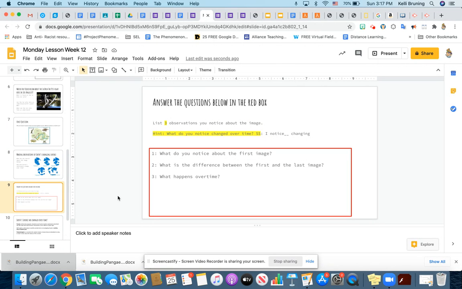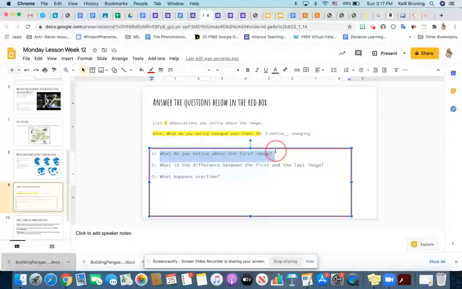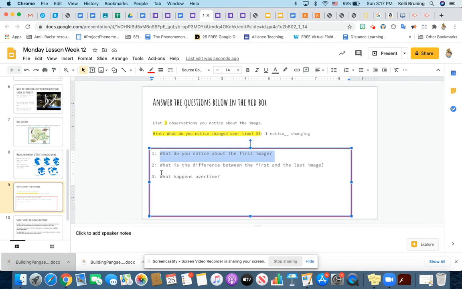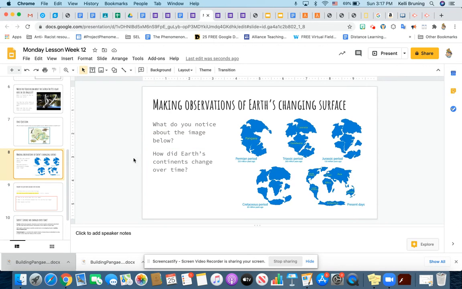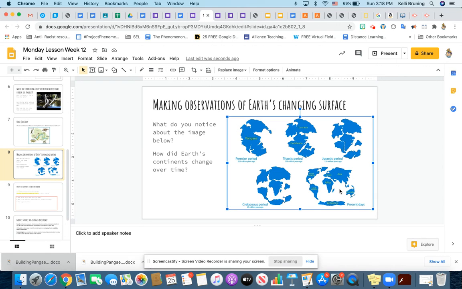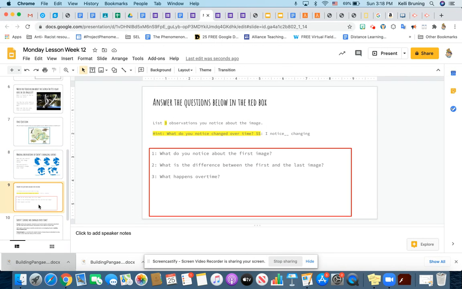Describe below, I want you to list 3 observations that you notice about the image. So you want to think about, what did you notice about the first image? What did it look like? That could be one observation. Then you can list, what's the difference maybe between the first and the last image? Compare the first and the last image. What's the difference?